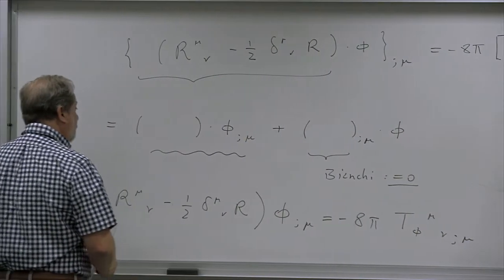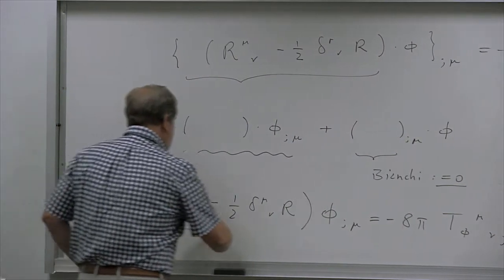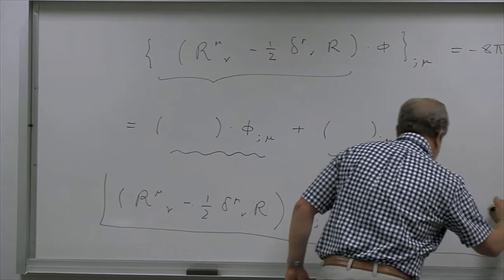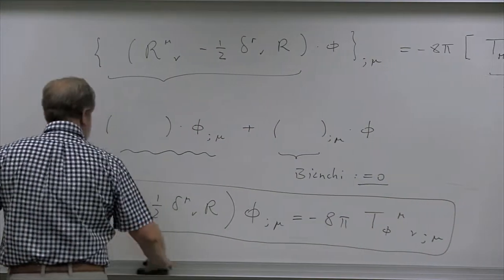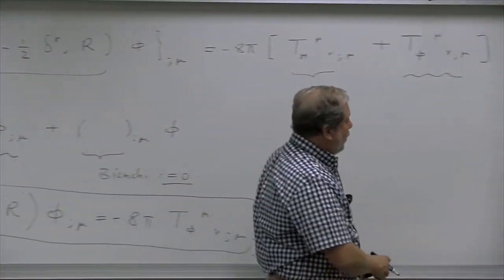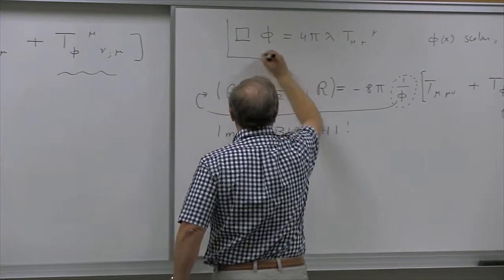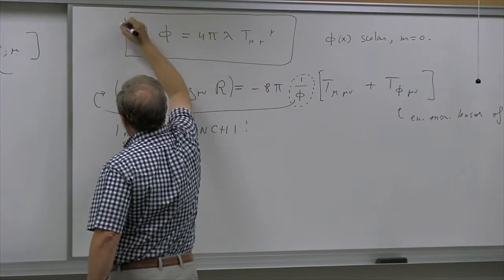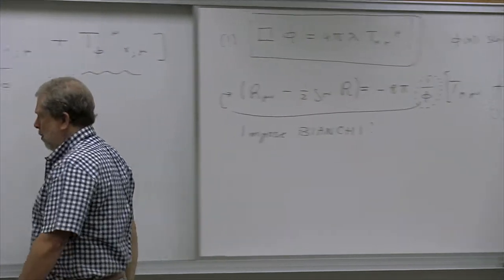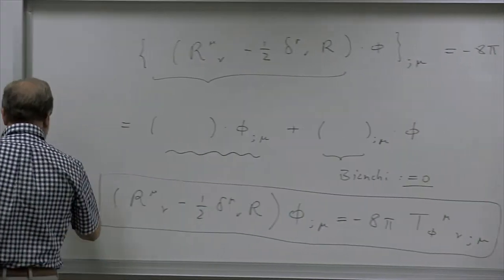Right? So if you wish, that's what's left over of the field equations. So that's the second equation. So we could write that under this one, right? That's the first one. So we have equation 1 and we have equation 2, right?